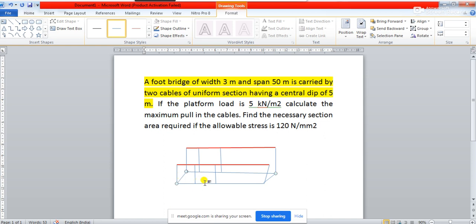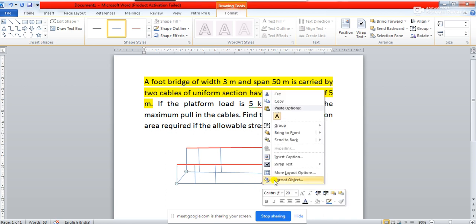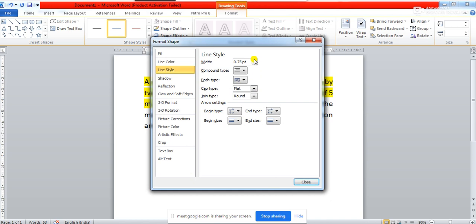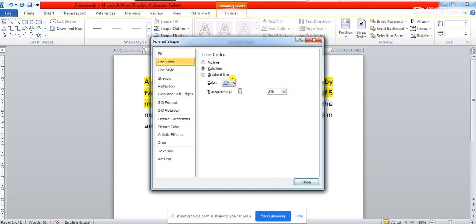This is actually a footbridge. It is very difficult to explain, that is what the problem is.